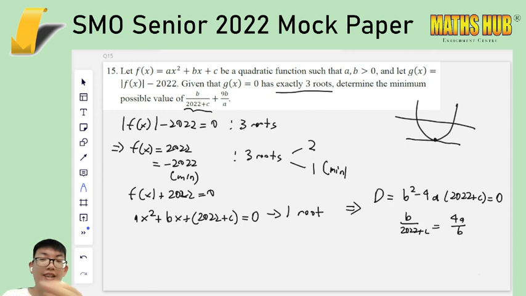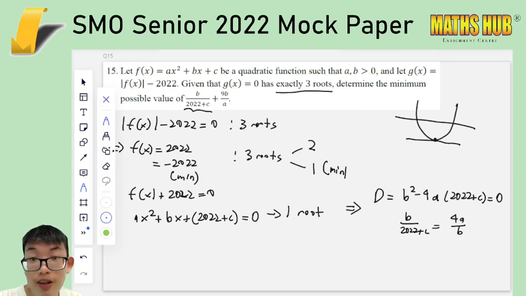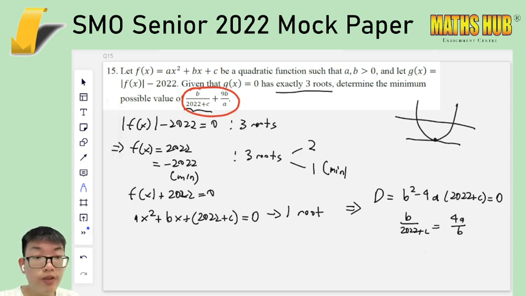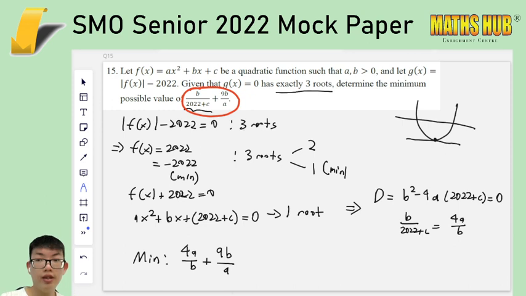So let's go back into the main problem, which is finding the minimum value of this expression, and substitute b over 2022 plus c with 4a over b. So my task now is to minimize 4a over b plus 9b over a. This can be done using the AM-GM inequality.